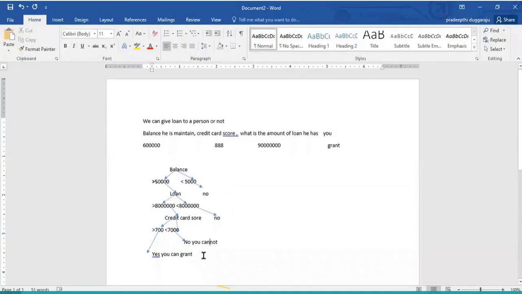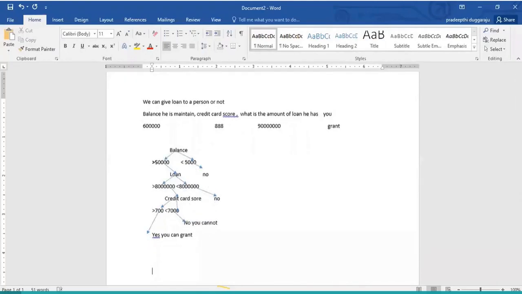Okay, now I will give some data like this. He has a balance of 70,000, a credit card score of 600, and a loan of 5 lakhs.